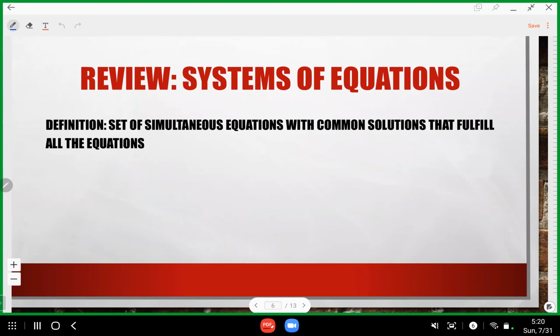So let's review what a system is. The definition of a system is a set of simultaneous equations with common solutions that fulfill all the equations, right?